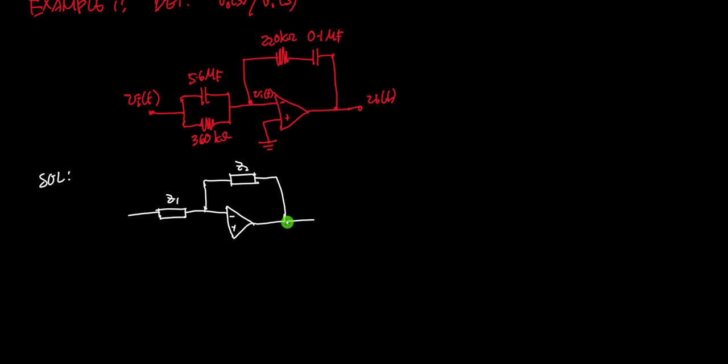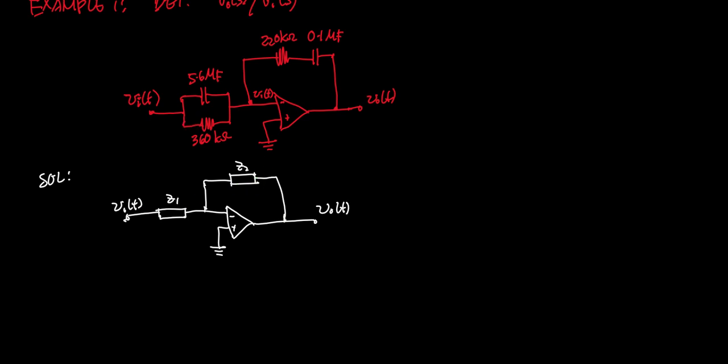Then we go back here. This will be connected to ground, and this will be our input, V input, and this will be our V output. Because if we convert this into this form, we can actually use our derivation before of an inverting op amp.